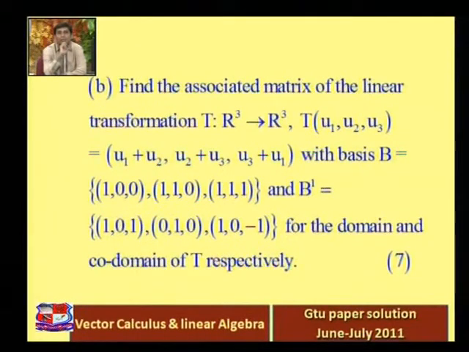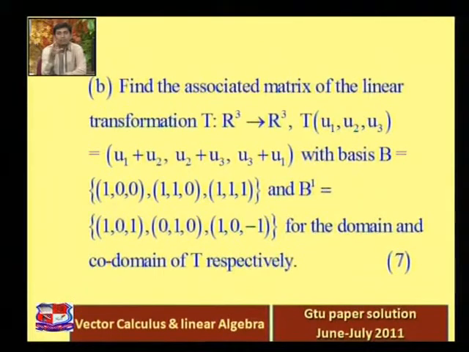So first we have to find the images of the basis vectors of B. Then we have to convert all the images into coordinate vectors with respect to the basis B dash, and put them in columns. That matrix is our answer, the associated matrix.